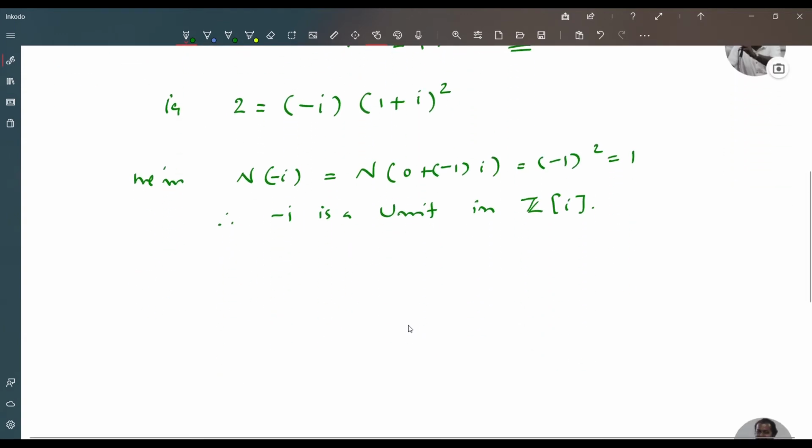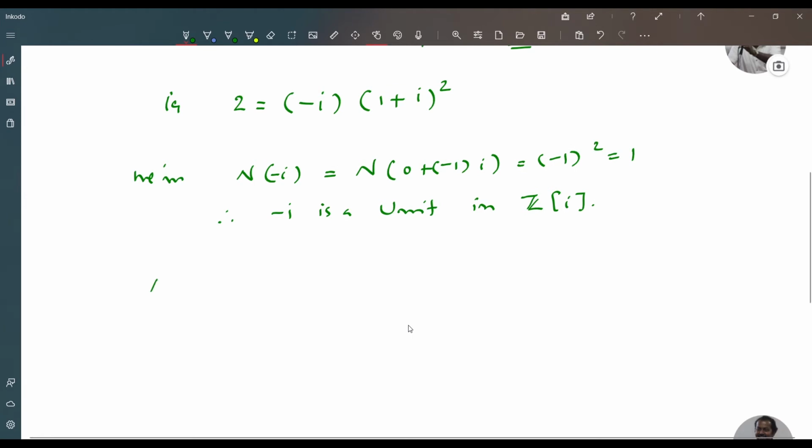And you know that N of 1 plus i is 1 plus 1, which is equal to 2, a prime in Z. Therefore, 1 plus i is an irreducible.